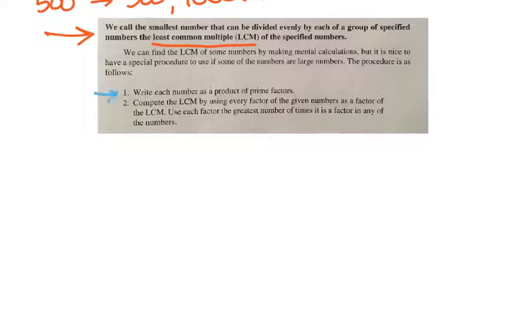The first step is to write each number as a product of prime factors. Prime talks about numbers that cannot be divided by any other number but itself and the number 1. So for instance, the number 8 is not prime because I can divide 8 by 2 and 4 to get 8.